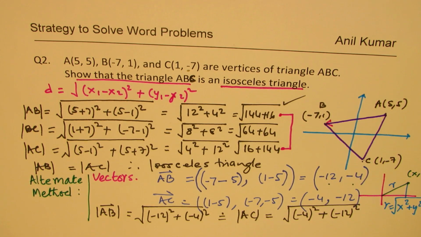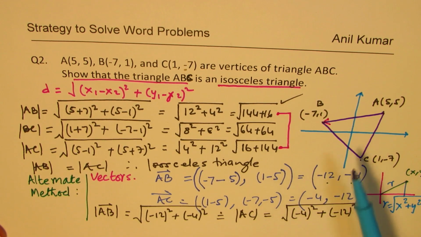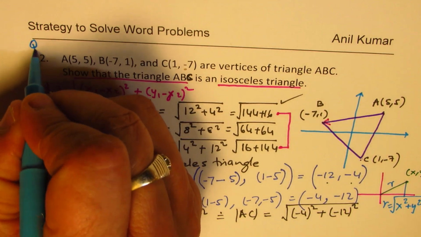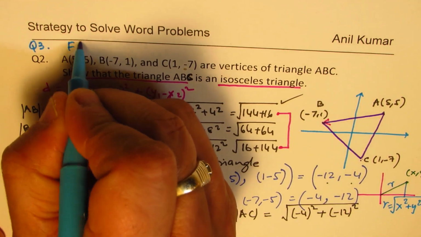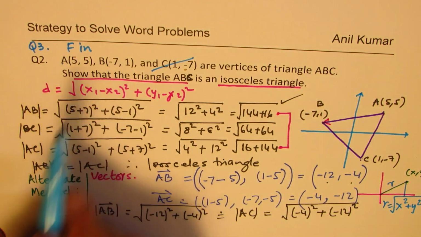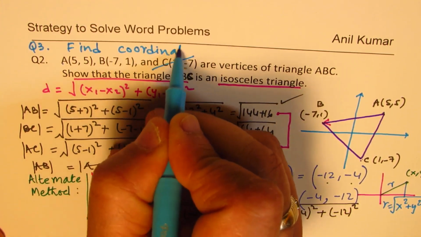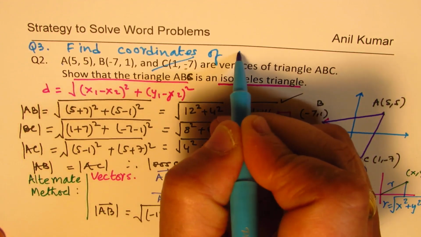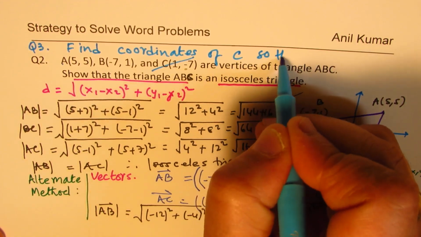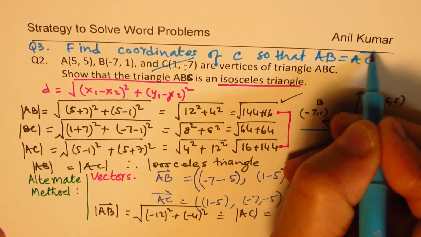It is extremely important and can be applied in so many different ways, even for finding a new coordinate point, right? So if the question has been changed, let me change this question. Question number 3 for you is: let's say we are not given C. We are given A and B. Find coordinates of C so that AB equals AC.